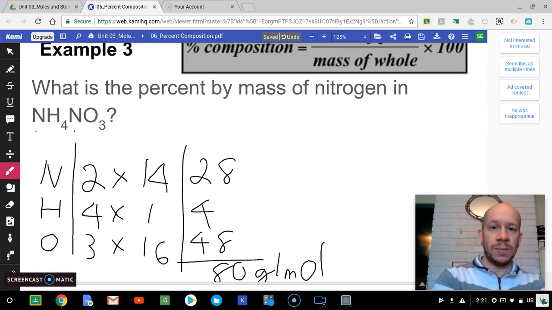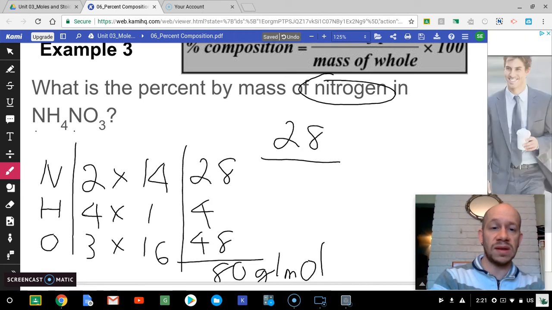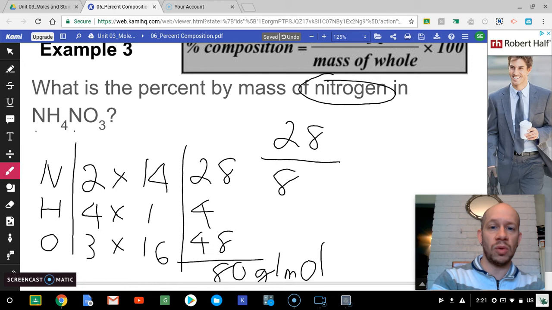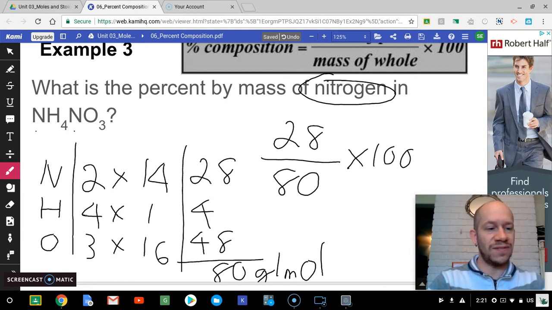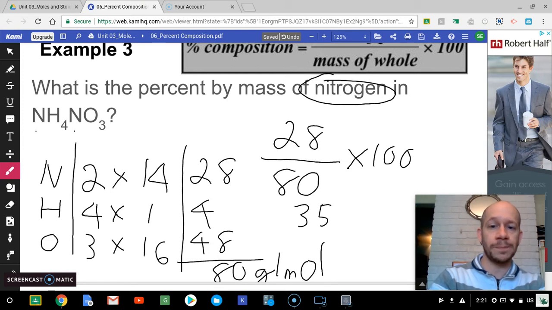Now I want to find the percent of nitrogen. 28 is my total mass of nitrogen in this compound. My total mass of the whole is 80, times 100. So 28 divided by 80 is equal to 0.35, times 100 is equal to 35% nitrogen in ammonium nitrate.